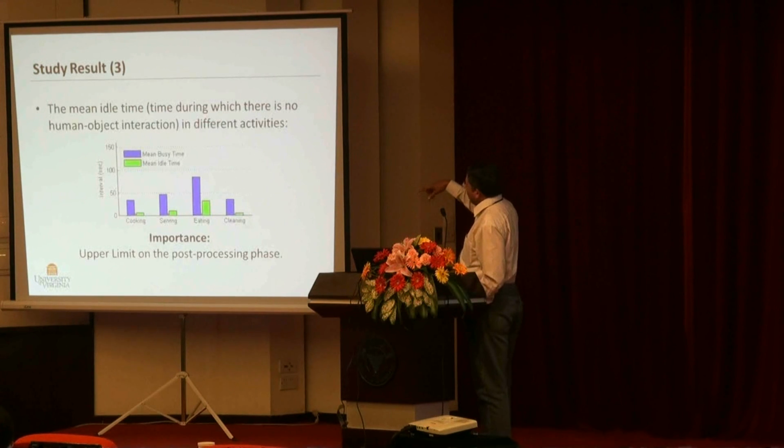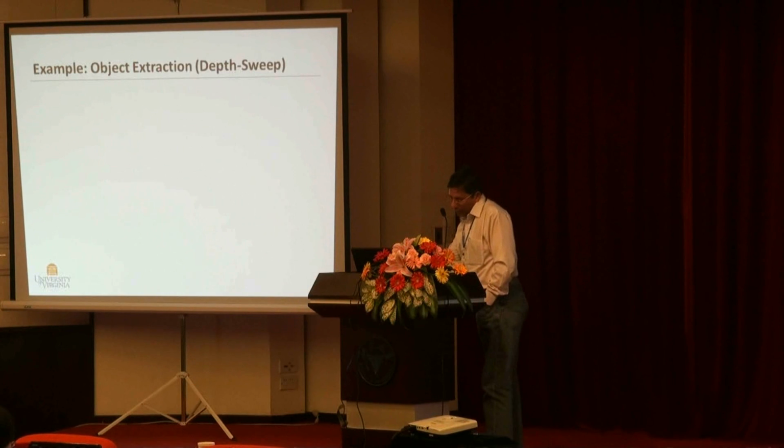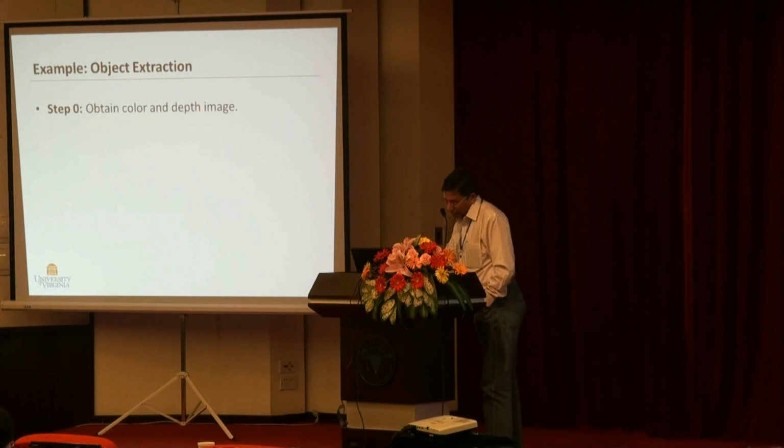When you're cooking, the idle time is less, but basically it's 2 seconds. In some other activities like eating, it's about 30 seconds or something. So in general, it indicates that it's very low.